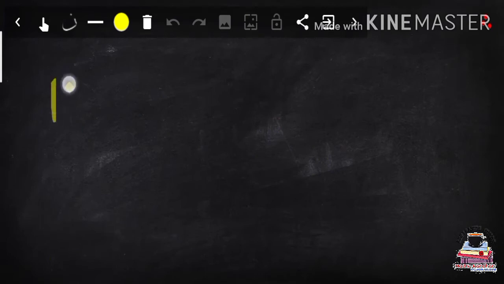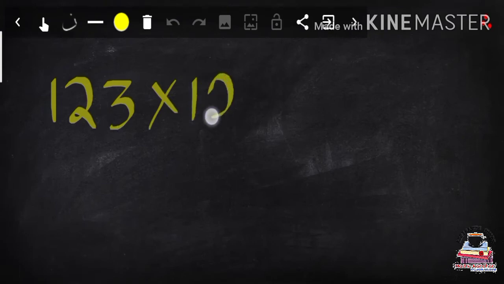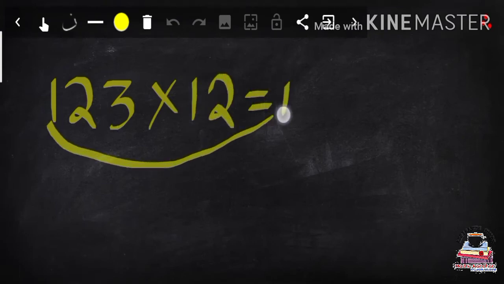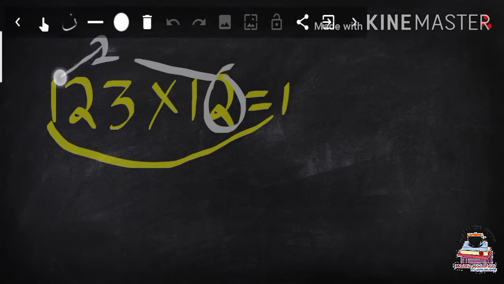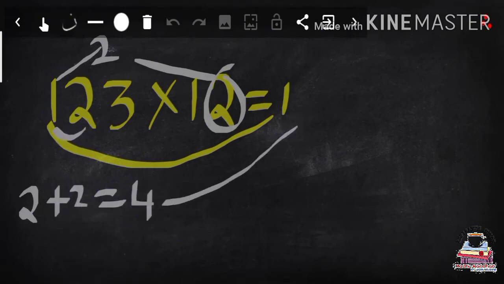Let us look into another example to understand it clearly. Here I am multiplying 123 into 12. Take first digit of the given number as first digit of our answer, and to get remaining digits, just multiply 2 with the first digit of the given number and then sum up with the next digit, that is 2, so that we got 4.